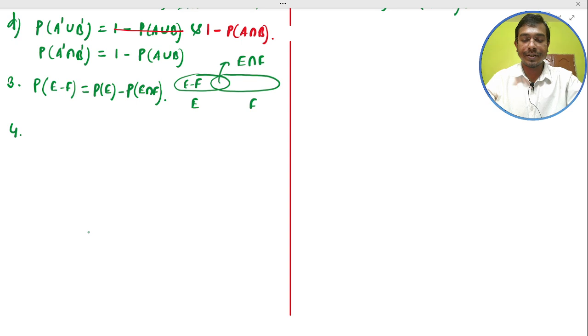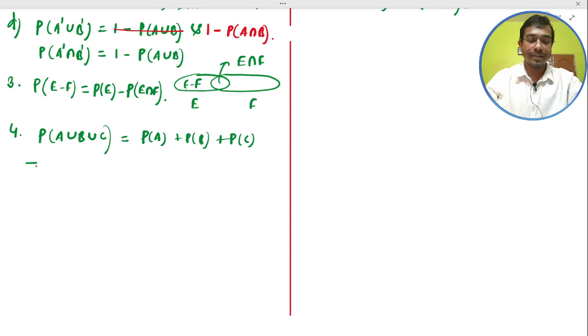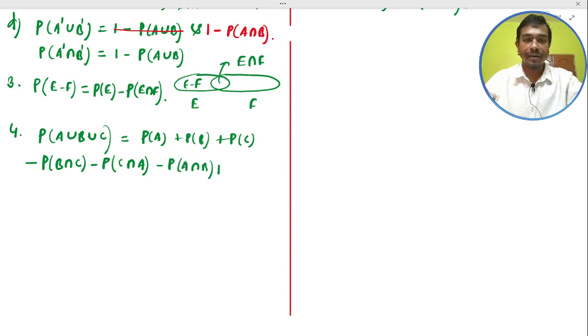If A, B and C are three events, then P of A union B union C is equal to P of A plus P of B plus P of C minus P of B intersection C minus P of C intersection A minus P of A intersection B plus P of A intersection B intersection C. Very important formula.